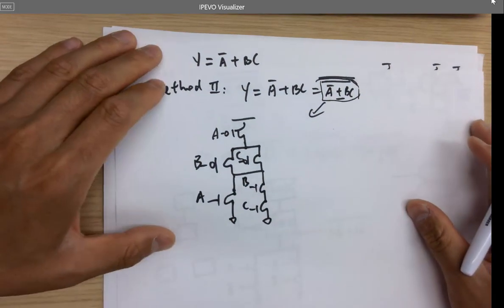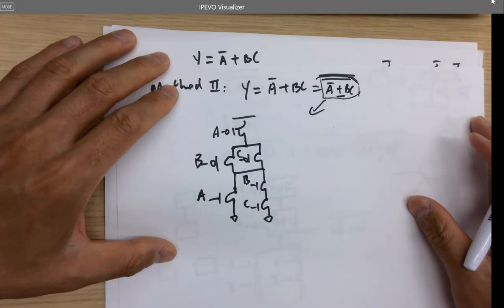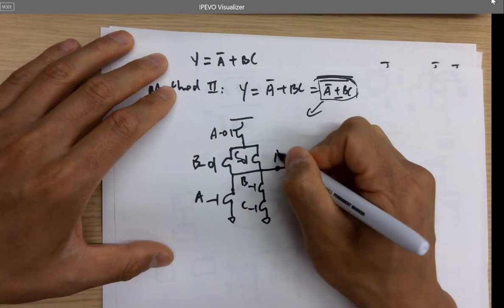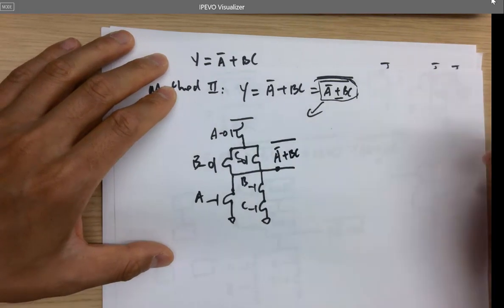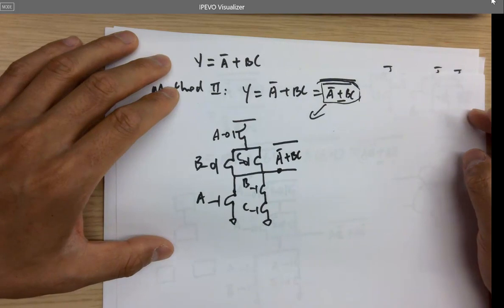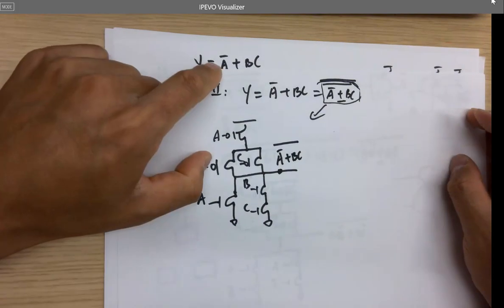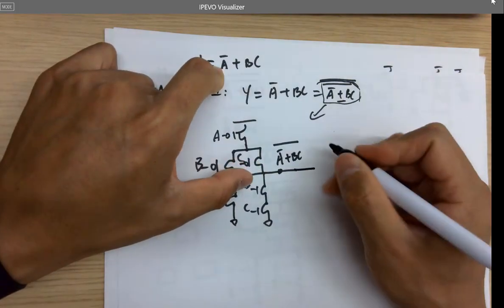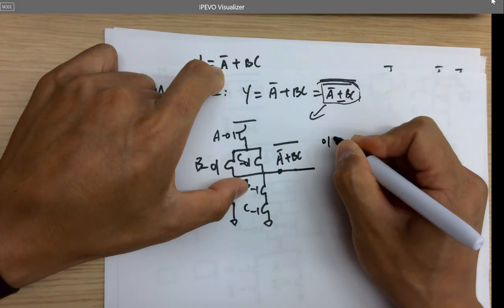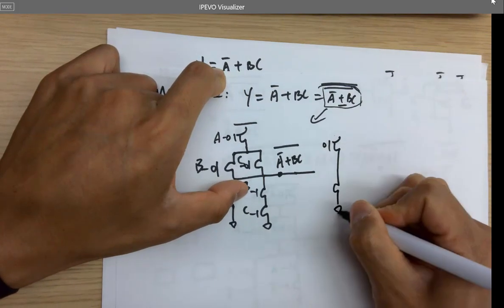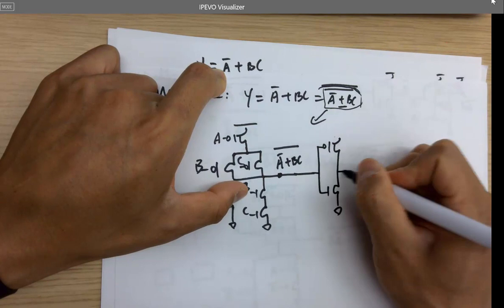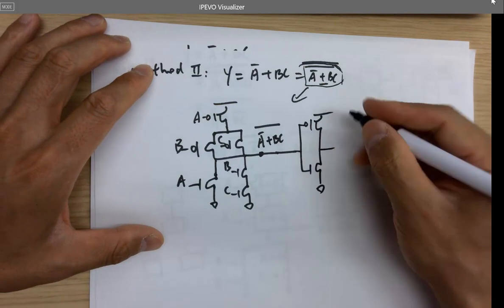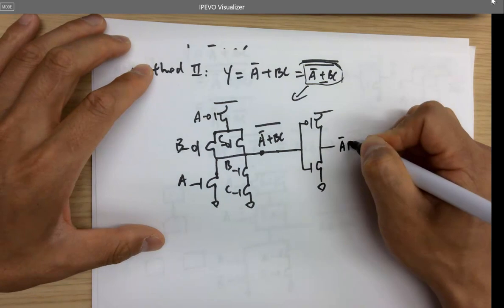Okay. However, the signal here is only A not or BC not. It's not this one. It's the inverse of that one. So what we need to do is invert it, right? So this becomes A not or BC.